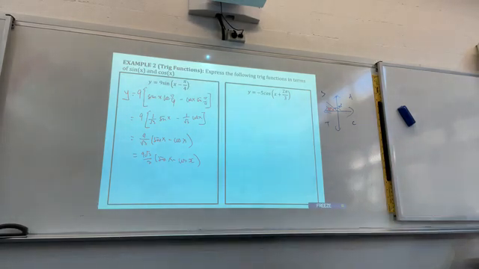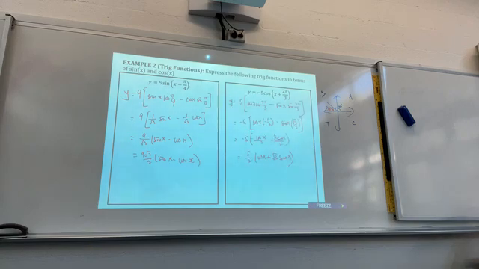All right, use your angle sum identity. So it's cos x cos 2 pi over 3 minus sine x sine 2 pi over 3.